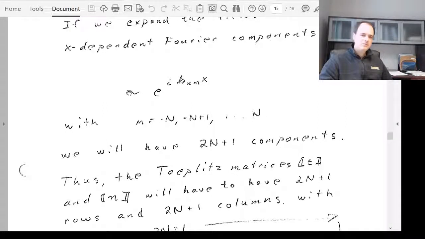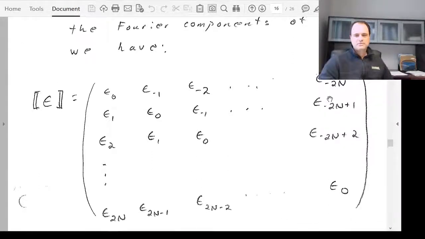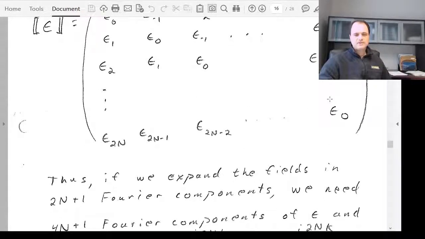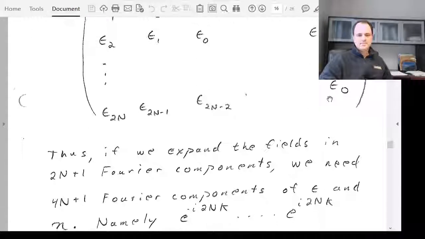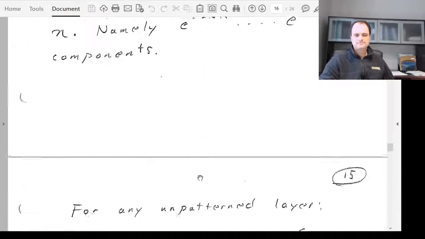You go all the way over to minus 2n, to positive 2n. So you're going to need a lot more components of epsilon than you do for the fields themselves. That'll be important when we implement this in MATLAB. Thus, if we expand the fields in 2n plus 1 Fourier components, we need 4n plus 1 Fourier components of epsilon and eta. All right?